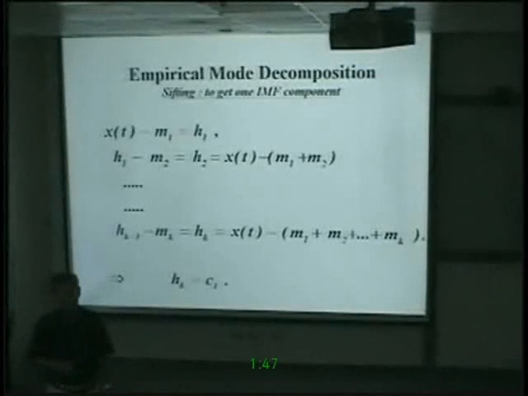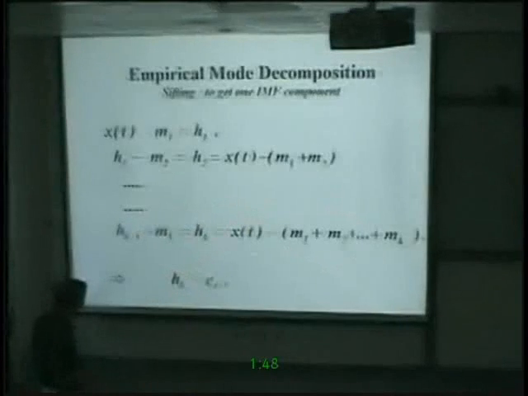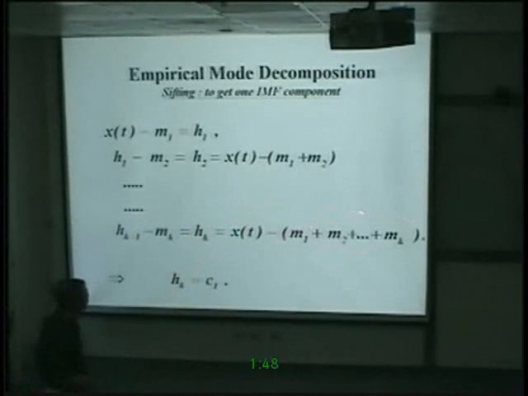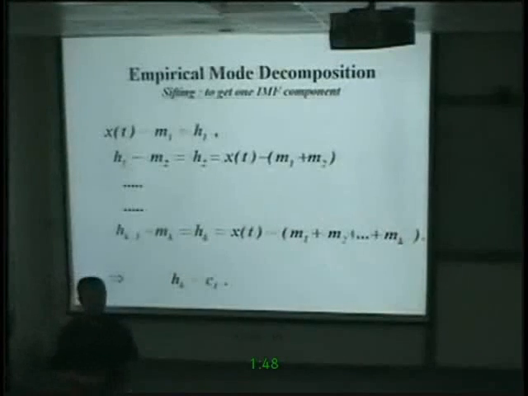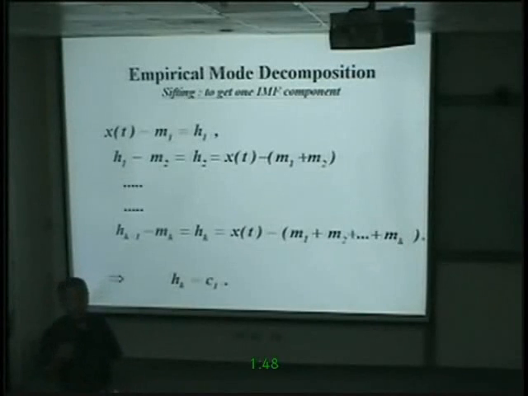So you can see that each component, C1, which is h_k, is the data minus a whole bunch of sum of envelopes. So we have to know what kind of envelope we use.